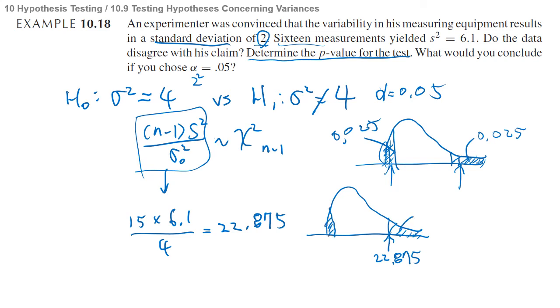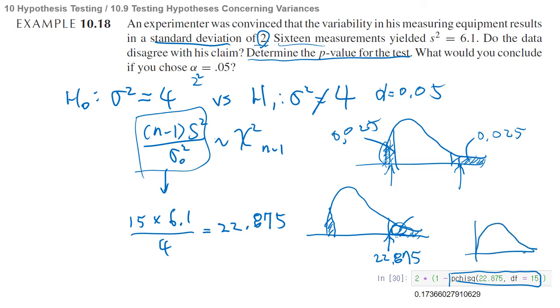So you can calculate the area here and times 2. That would be the p-value. So this part is, if you calculate p chi-square of this one, you are calculating this area.